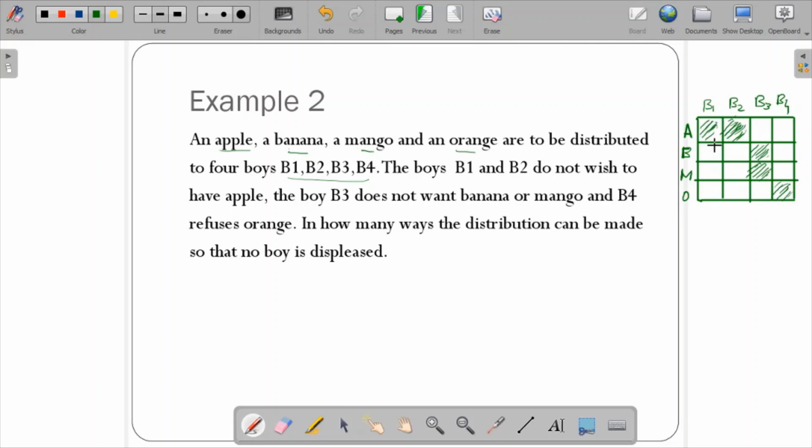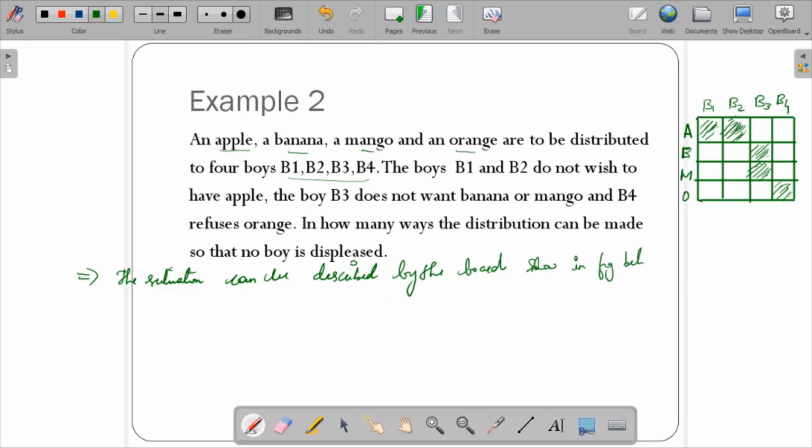So the situation can be described by the board shown in the figure below, in which the rows represent the apple, banana, mango and orange, and the columns represent B1, B2, B3, B4 respectively.